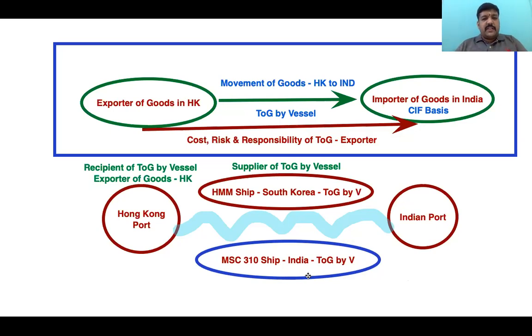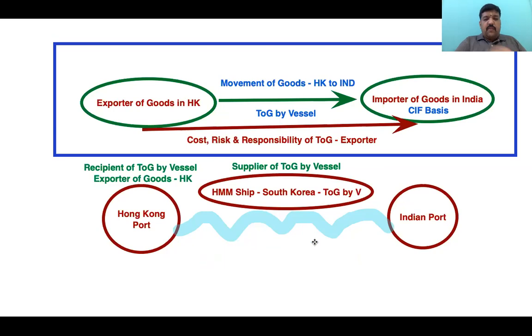Can you appreciate this discussion? Instead of HMM ship, if you change to MSC 310, RCM is not applicable. Instead of CIF value, if you put FOB value, RCM under this entry is not applicable. Under this entry, straight away not applicable. You have to verbatim satisfy all the conditions which we have discussed. Then only it will be applicable.